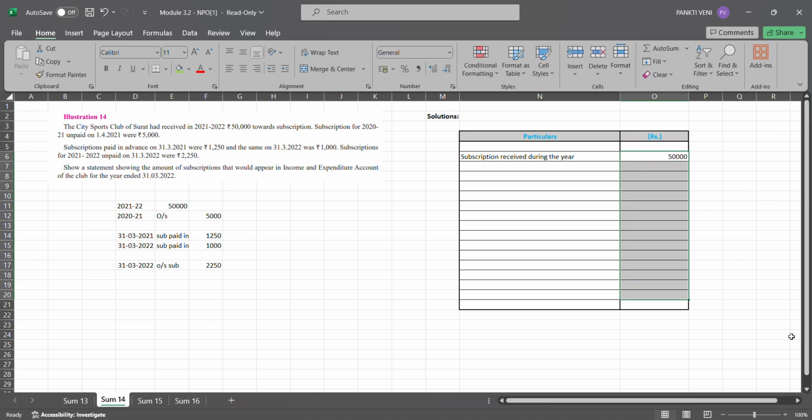To this, I am supposed to add my subscription which is outstanding as on the current year, that is 31st March 2022. Okay, so outstanding subscription for 31st March 2022 is 2250. So I have completed this one, last line.